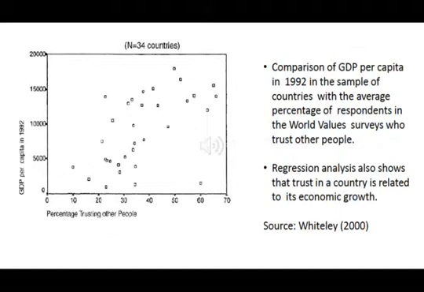Using this World Value Survey data, Whitley 2000 tried to draw a descriptive analysis out of this data. He drew this figure that you can see, where on the x-axis there is the percentage of trusting people, and on the y-axis there is the GDP per capita in 1992 for the countries that were surveyed in the World Value Survey.